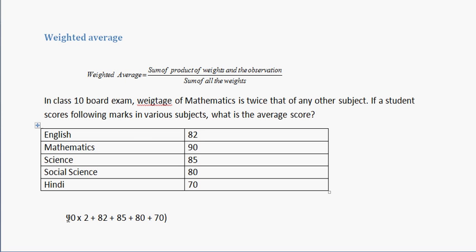And the number of observations would be the sum of the weights, right? So English, science, social science, Hindi give 1 1 1 1 as weight, but maths would give 2 as weight. So we'll add 2 for maths and 1 1 1 for the rest. So this would be the weighted average of our entire class, right?